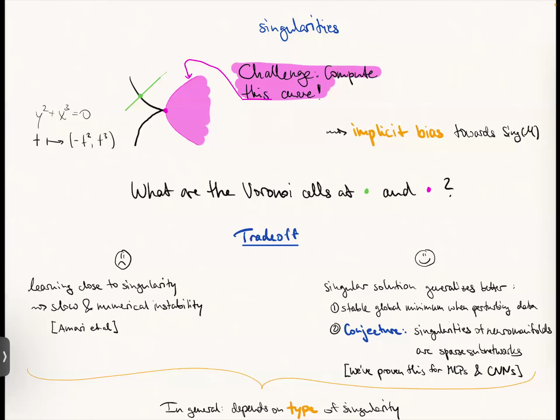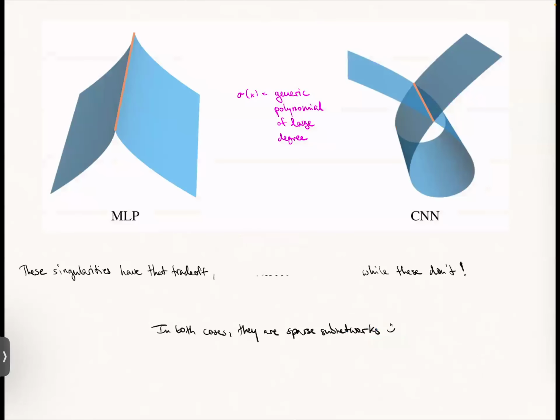So one thing is whether this trade-off holds, because I just gave you a toy example upstairs. This cuspidal curve is not the neuromanifold of an actual neural network, right? And whether the singularities cause this type of trade-off between efficiency and generalization does depend on the type of singularity. We have done more fine-grained studies, and at this moment understand pretty well MLPs on the one hand and CNNs on the other.